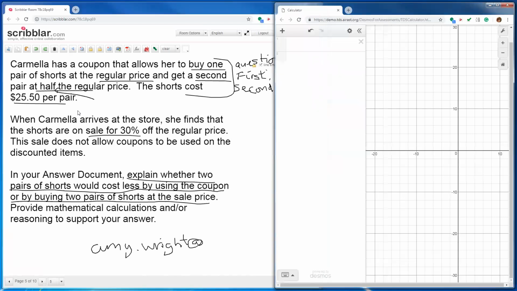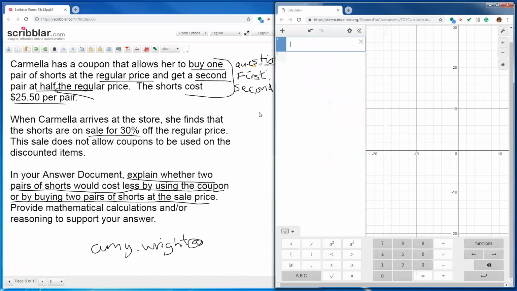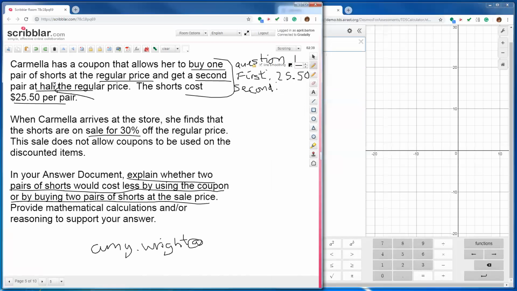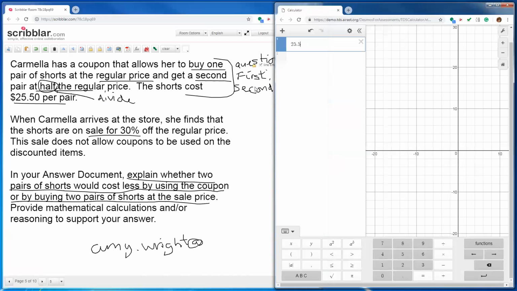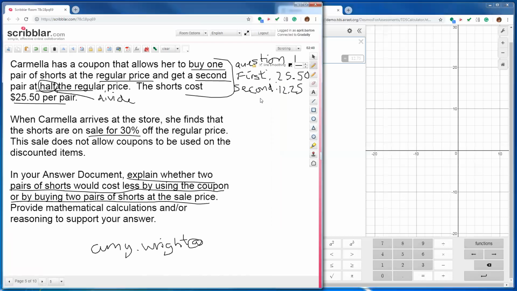Divide, specifically by what number? The 30%'s later, and I think I heard Kelly say by 2. Half off? $12.75. Yep. Half means divide by 2. We do $25.50 divided by 2. Oh, sorry, $12.75. I must have heard you wrong. Yes.